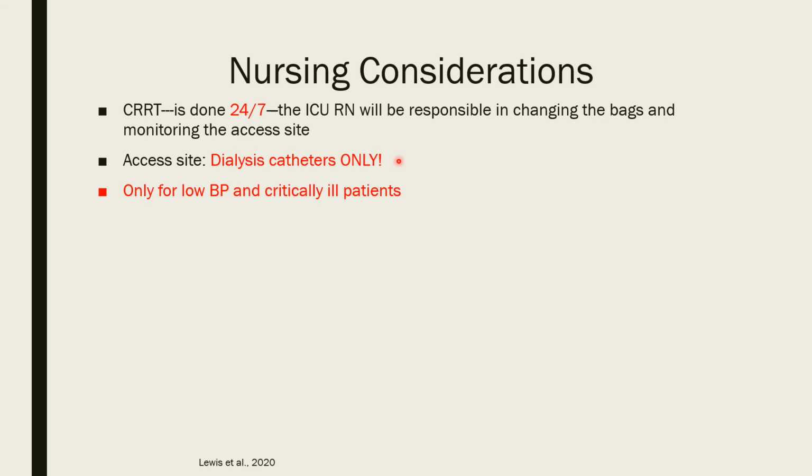The fistula and graft, it's not safe to use them, okay? Because again, if you're using a 15 gauge and it might be dislodged and your patient might be bleeding, and before you know it, your patient's bled a lot already. Also be careful. So we only use their dialysis catheters. This is only used for patients who have low blood pressure and those who are critically ill patients.